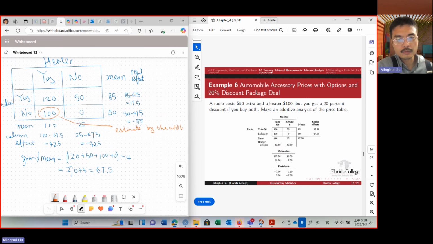Assuming that everything follows the additive model, we're going to start from the grand mean, and then plus the row effect, and then plus the column effect.